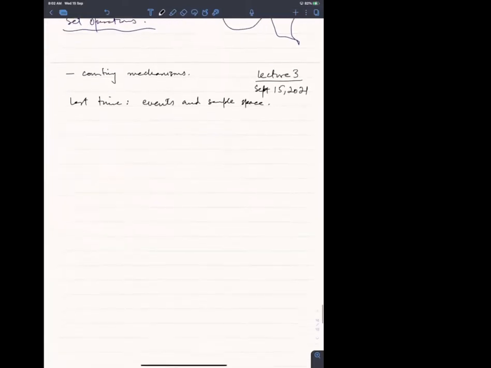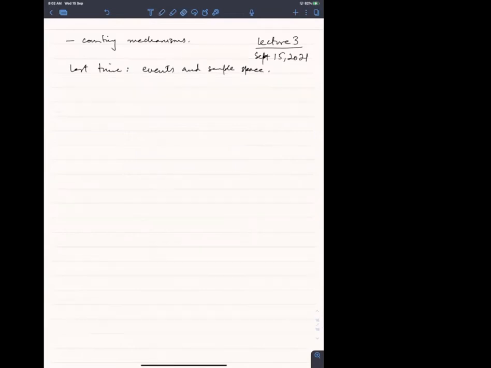So what is a sample space? A sample space is when you perform an experiment, a random experiment. When we say random experiment, that doesn't mean that you just perform some experiment which is random. It's just performing an experiment with random outcomes.